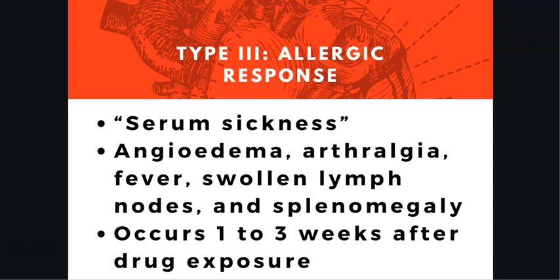So that is that type 3 allergic response. So they're going to come in, they're not feeling good. Oh my God, my lymph nodes are all swollen and I have fever. And you're like, well, you got to do some investigating, right? Maybe they have some angioedema. Like, what changed? You start investigating what has changed. It was a medication. And so this response is like occurring 1 to 3 weeks after that drug exposure.